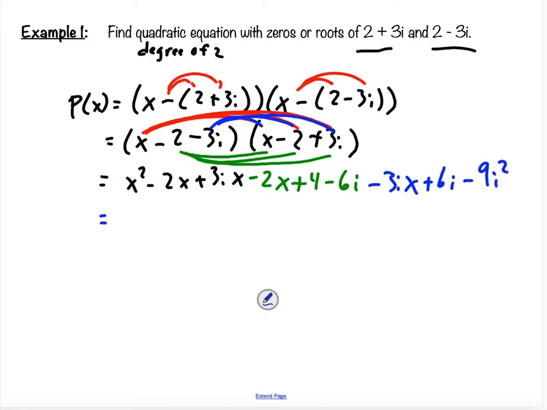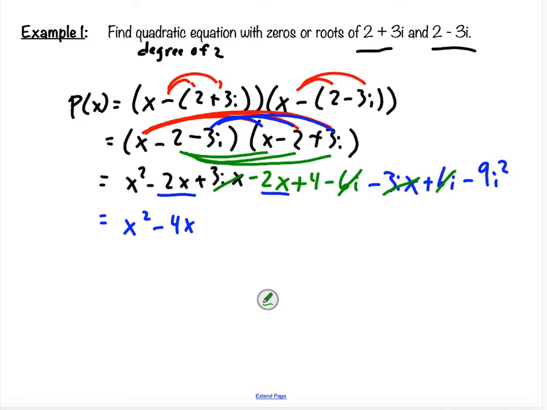So now we can combine our like terms. A minus 2x and a minus 2x there is a minus 4x. And hopefully you see there's a plus 3ix and a minus 3ix. Those cancel out. And then we have a minus 6i and a plus 6i, and those cancel out.